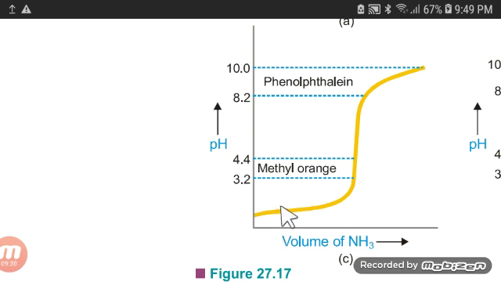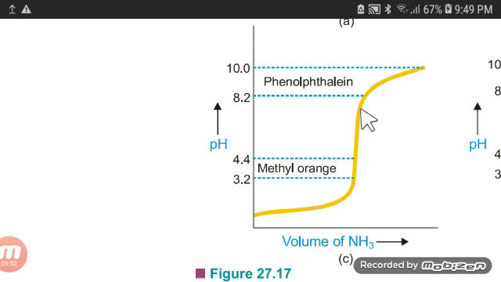At the beginning there is a gradual, slow change, but after that there is an abrupt change, and the vertical portion shows the equivalence point. Its range is from 3 to 8, where it shows the sharp change in pH.